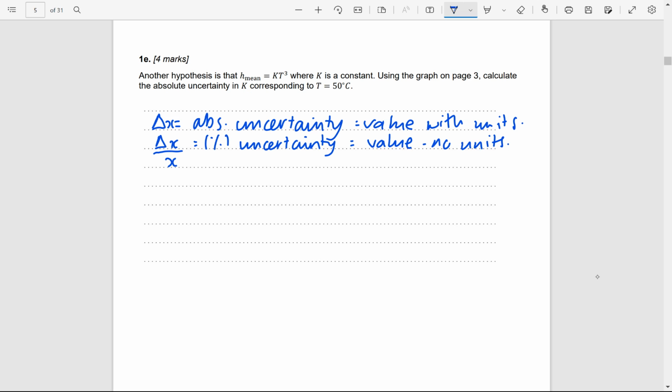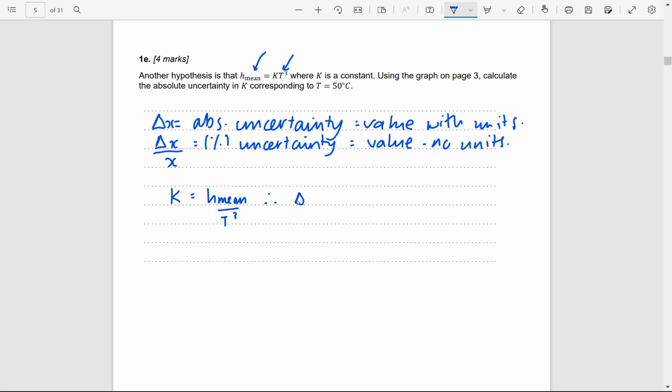Because H and T have different units, we have to put each one as a fractional uncertainty. So in other words, if I rearrange, I know that K equals H mean over T cubed.